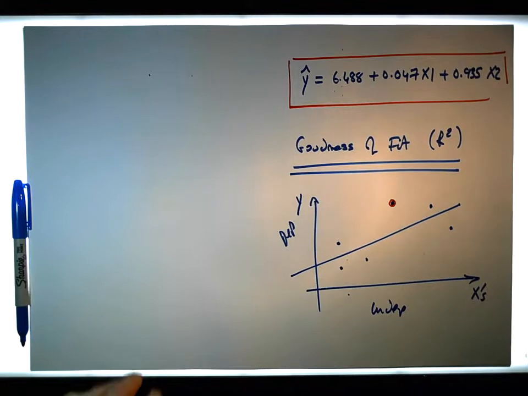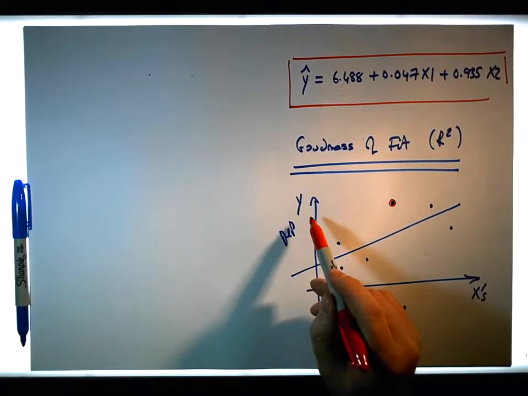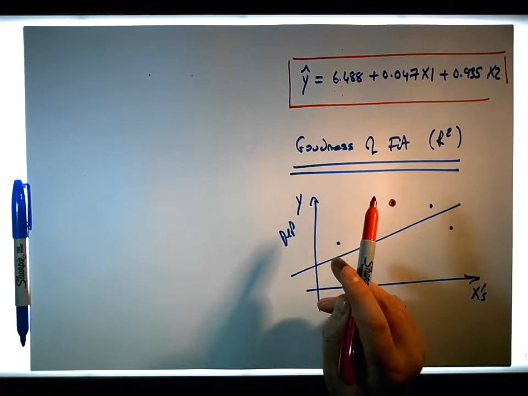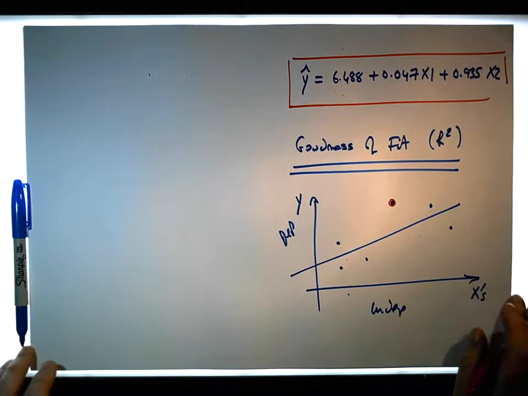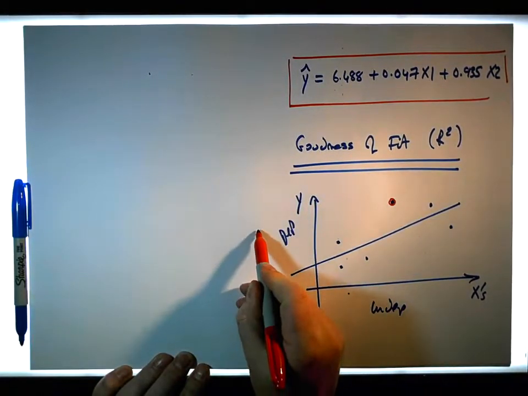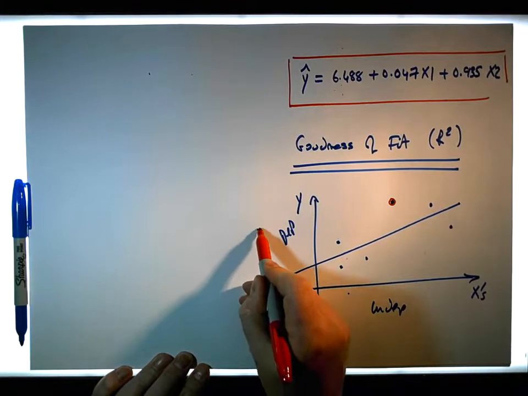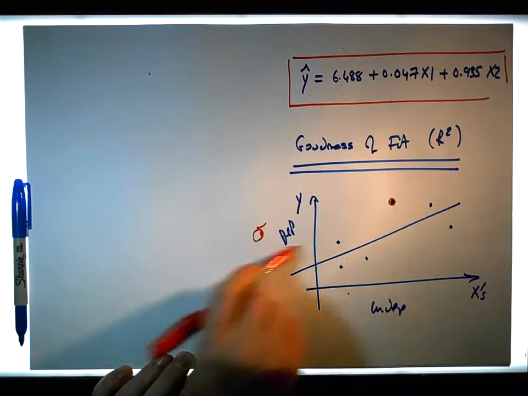So don't forget, what we're trying to understand is the variation in the dependent variable. And how the hell do we calculate variation? Well, we get the average of the y's and we get the sums of squares. So from a y perspective, when we look in this direction, here's my i here. I'm looking in this direction here.